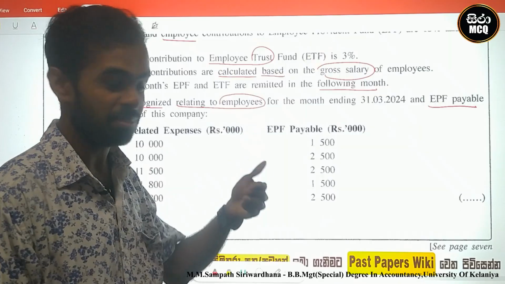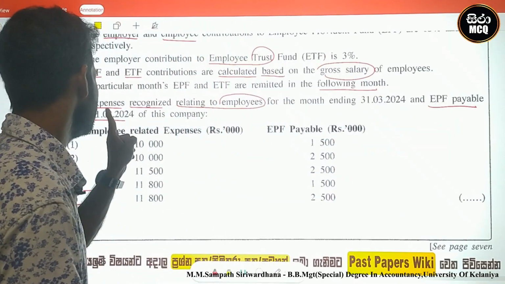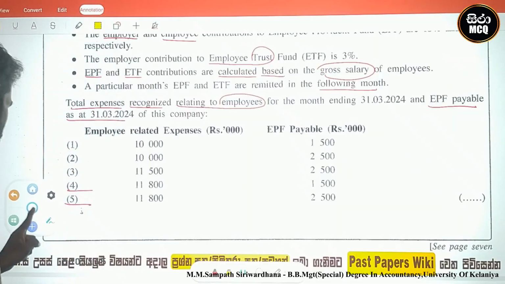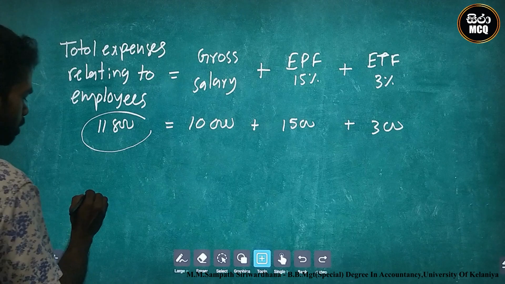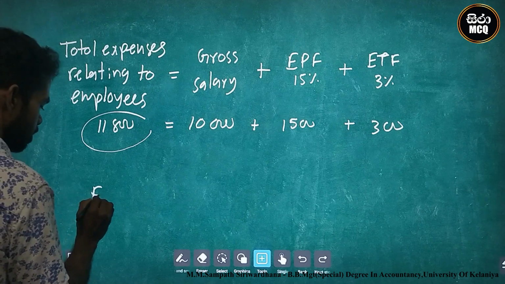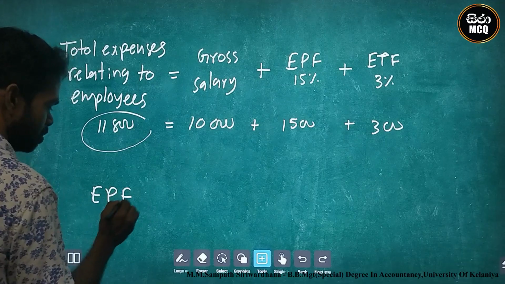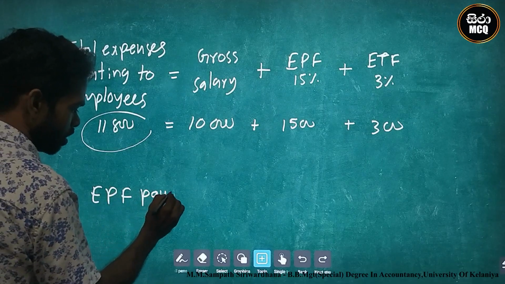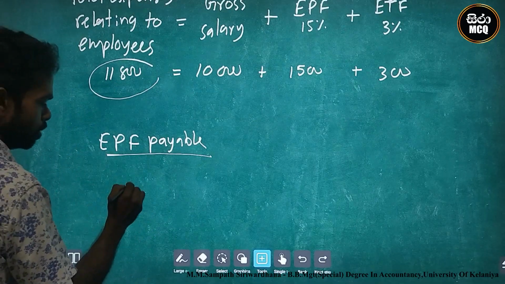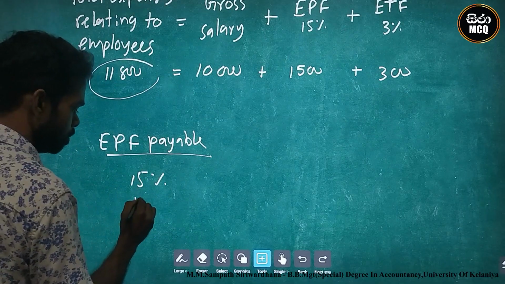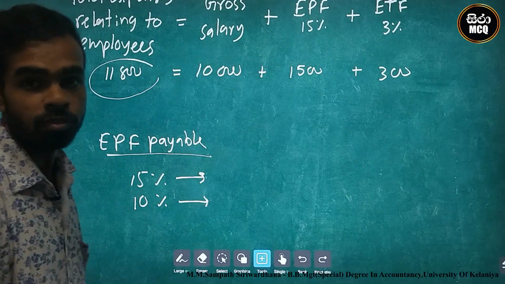Next we find the EPF payable as at 31st March 2024. How can we calculate EPF payable? There are two items. We must pay EPF at 15% and 10%, both for the employee provident fund.